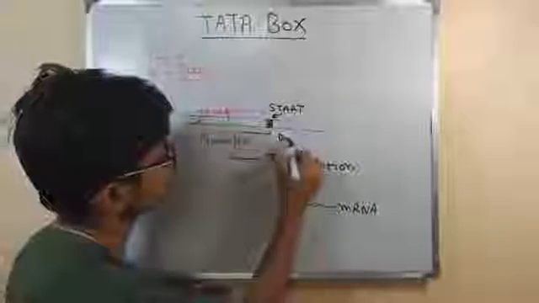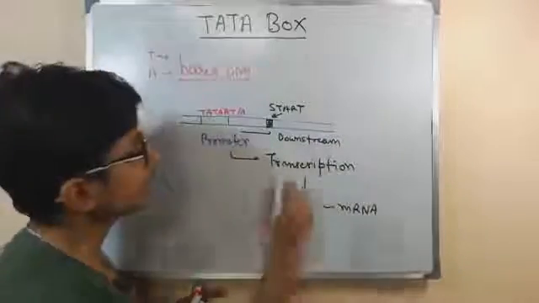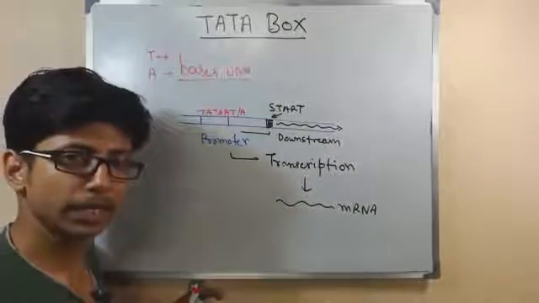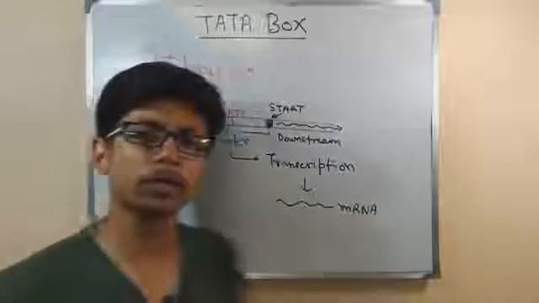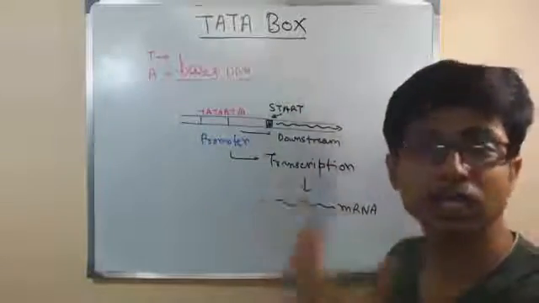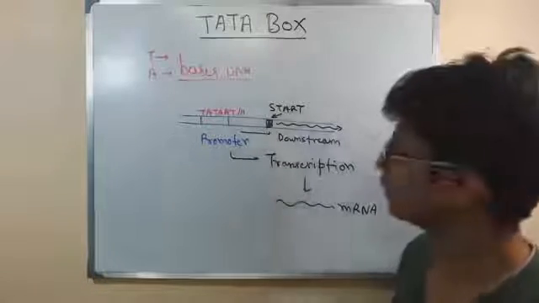Remember, this is downstream. And then this is the section of mRNA that they want to produce, right? So the promoter is a very important section, because the promoter actually helps find the start site for the transcription to begin, right?